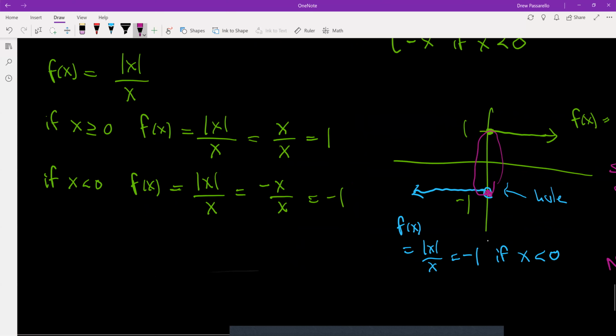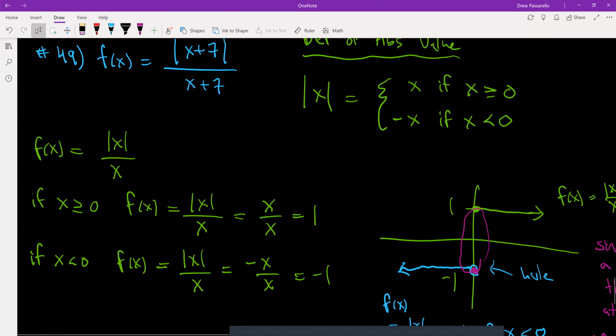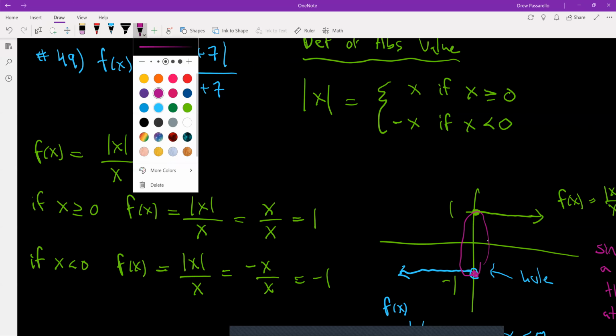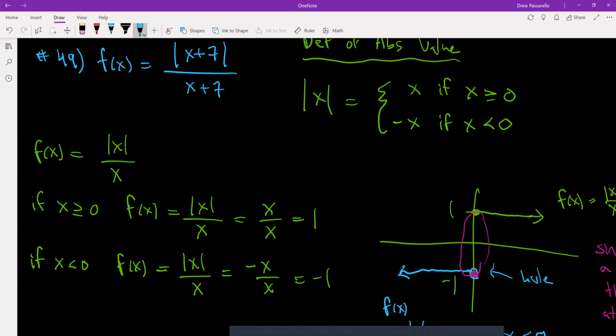All right, I just figured I'll talk about just this first before I do 49, but it's going to be very, very similar to this. And I'm going to be using the definition of absolute value. So now I'll go on to 49.